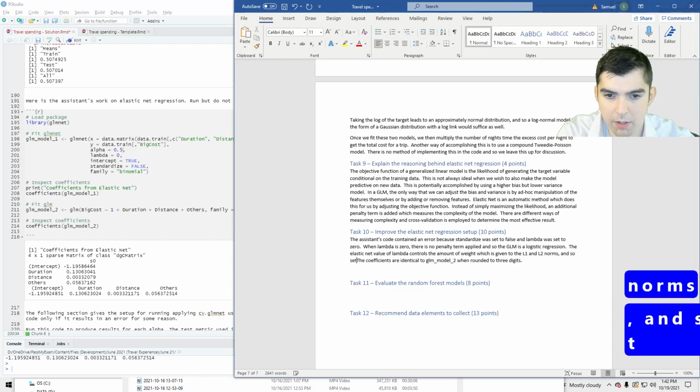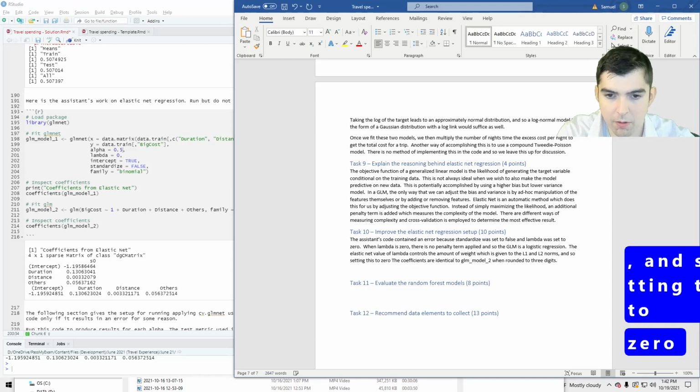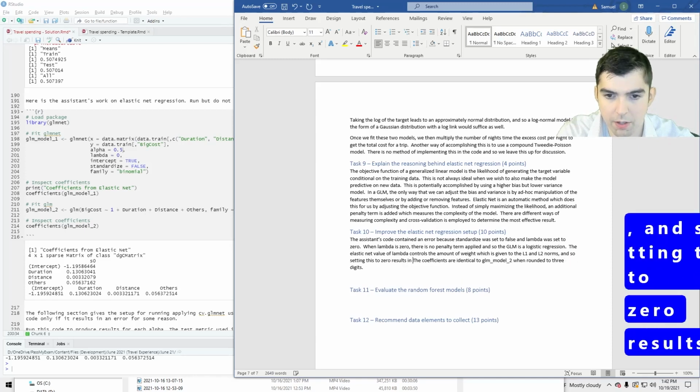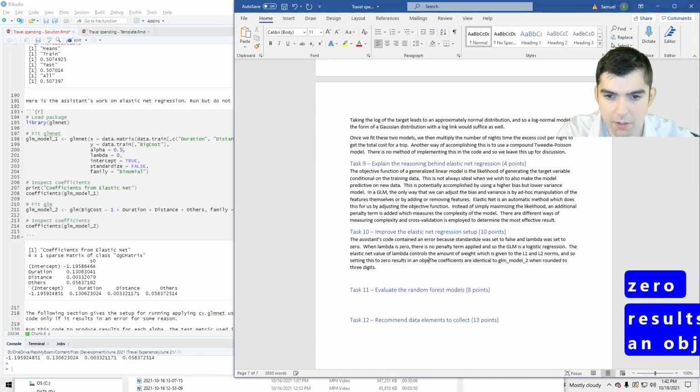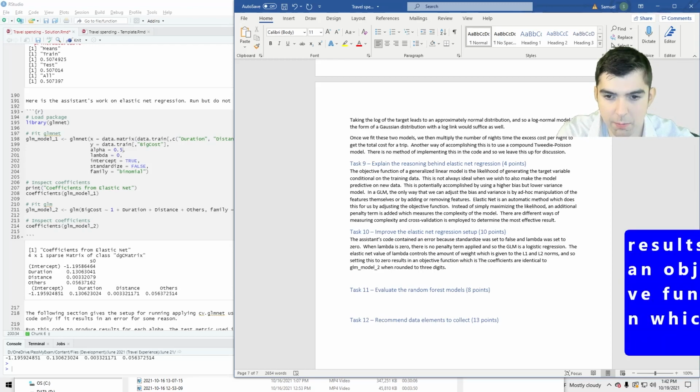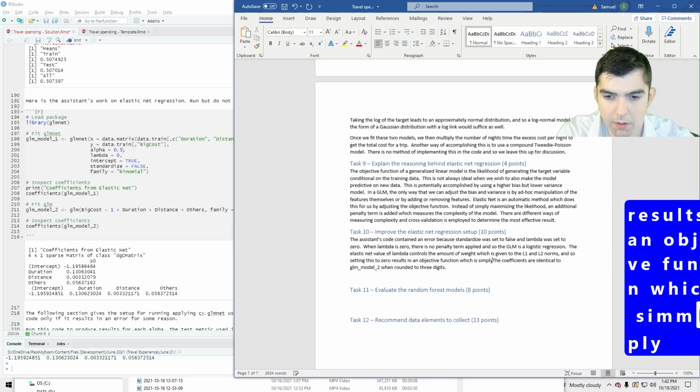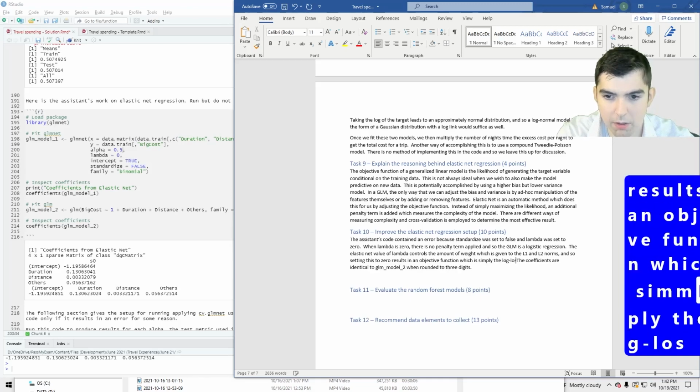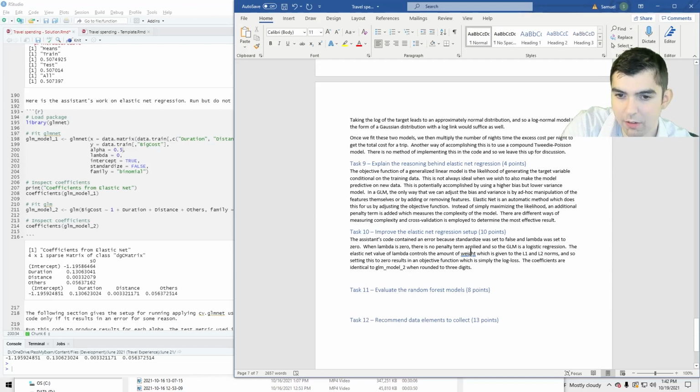And so setting this to 0 results in an objective function which is simply the log loss. I believe that that's the case. When you have a logistic regression, the thing that's being minimized is the log loss.